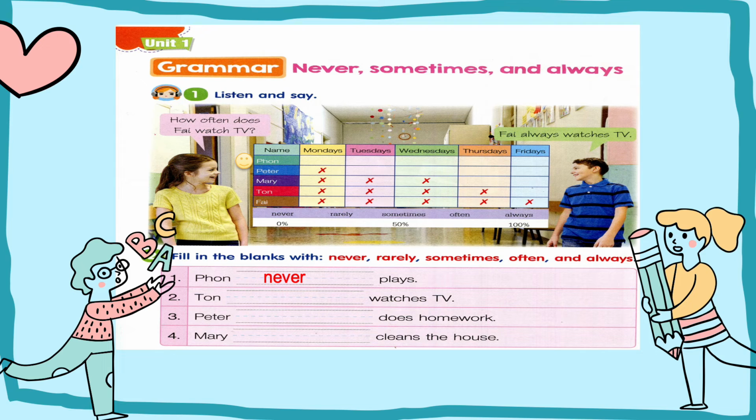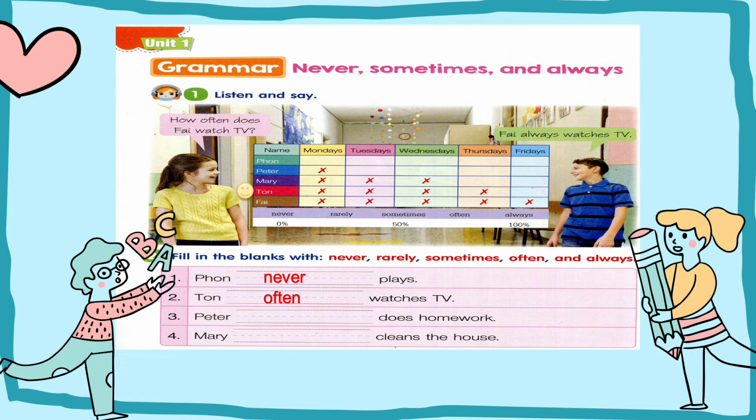Number 2. Ton blank watches TV. What's the answer? Where is Ton? Okay, Ton got 4 marks. So the answer is Ton often watches TV.